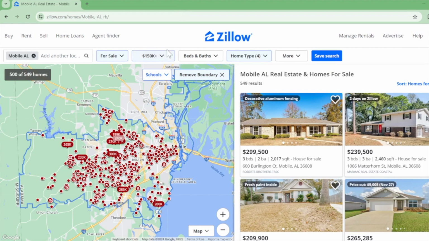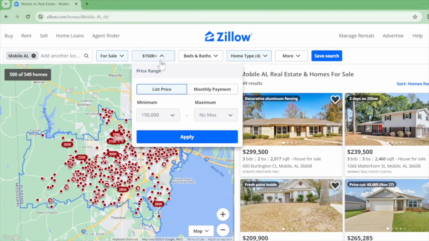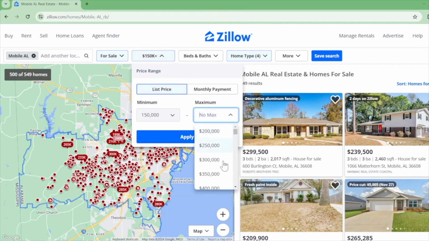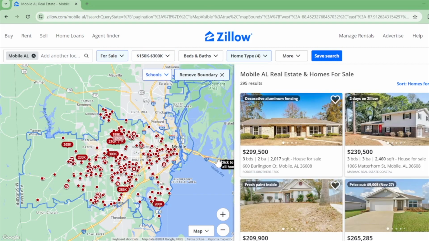And for this activity, we're going to search for homes in Mobile, Alabama between $150,000 and $300,000. Now, how did I arrive at the $150,000 to $300,000, right? So let's just assume that I was given one of those occupations and I make $100,000 a year.